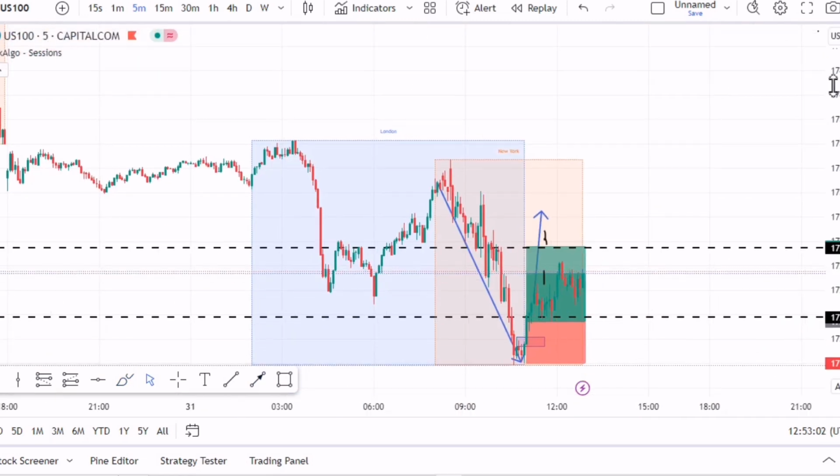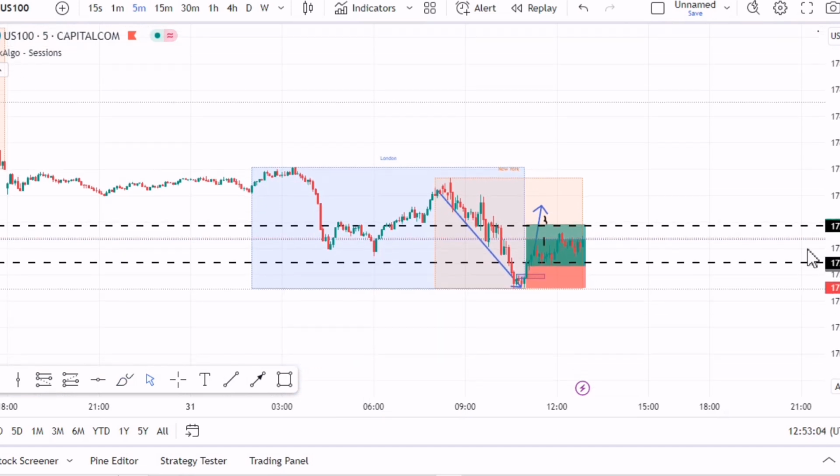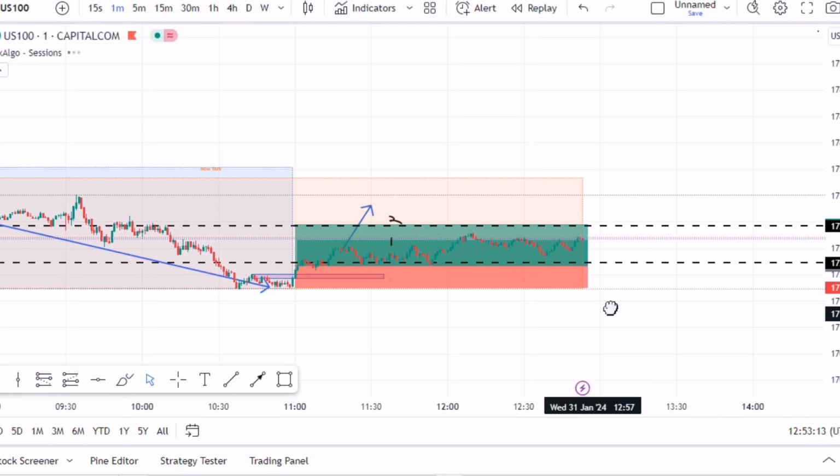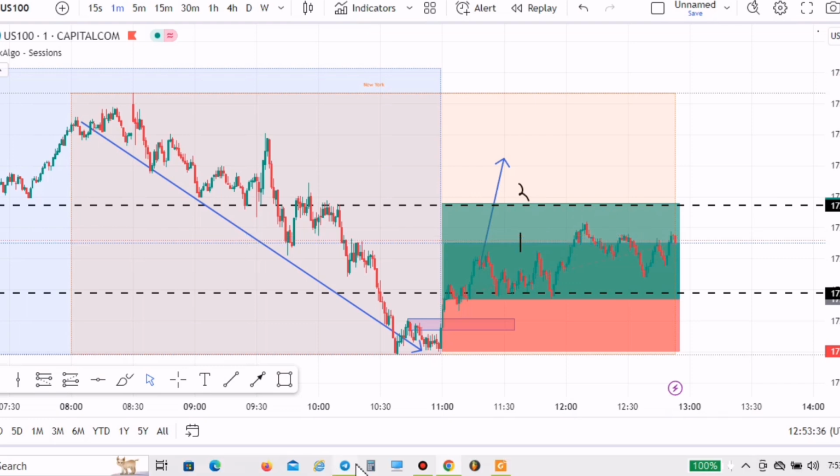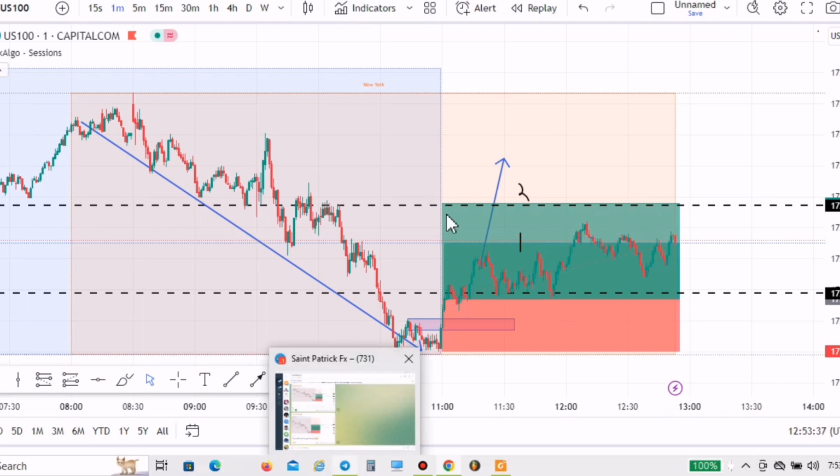Okay, so this was today. Okay, today it did respect. If you mark the first line is pointing downwards, I took this signal on the 1 minute time frame. I analyzed that it was going to go bullish, and it did. Okay, so if you are in my Telegram group, let me show you.